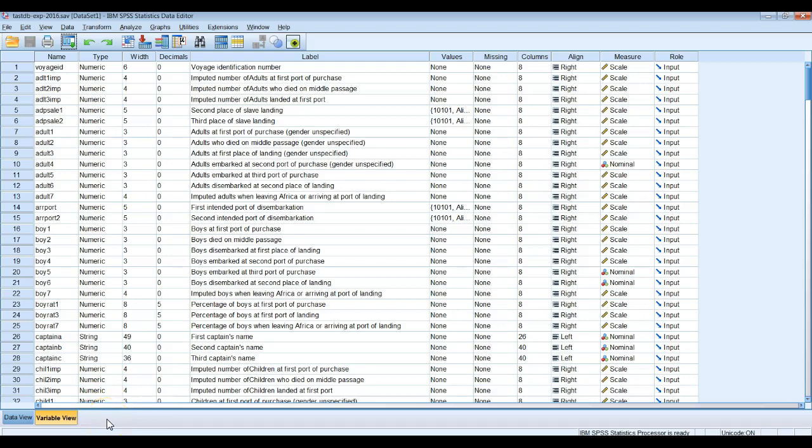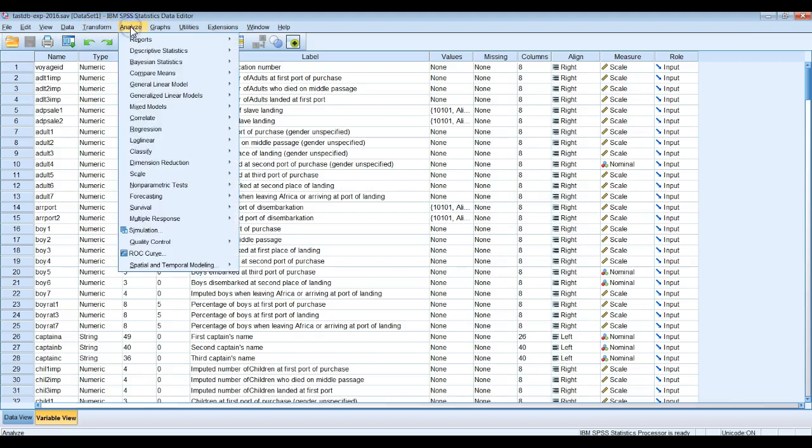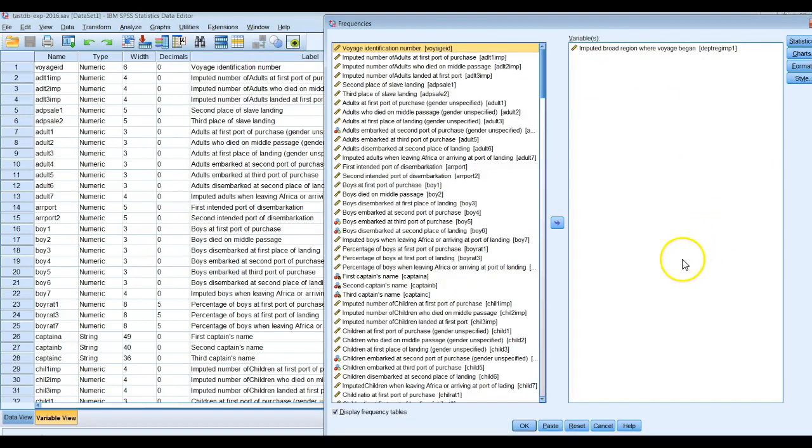Okay, so the next thing you're going to do once you've got your data set is you're going to pick 2 qualitative variables from that list on the assignment. And once you pick one of those, you're going to go to Analyze, Descriptive Statistics, Frequencies. And I've picked one of these variables.